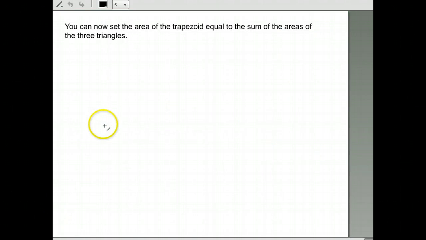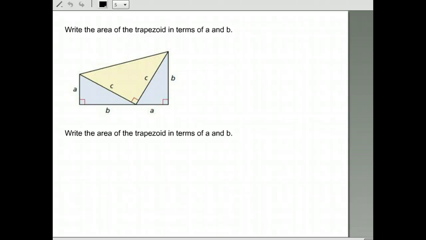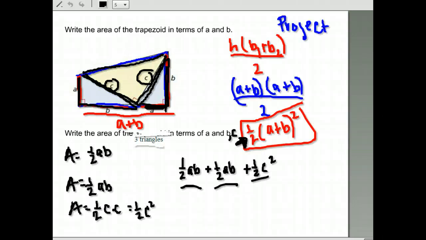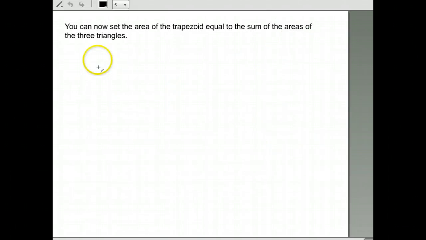It says you can now set the area of the trapezoid equal to the sum of the area of the 3 triangles. Okay, so I didn't have that written down, so I better go back and take a look. The area of the trapezoid was 1/2 times A plus B squared.